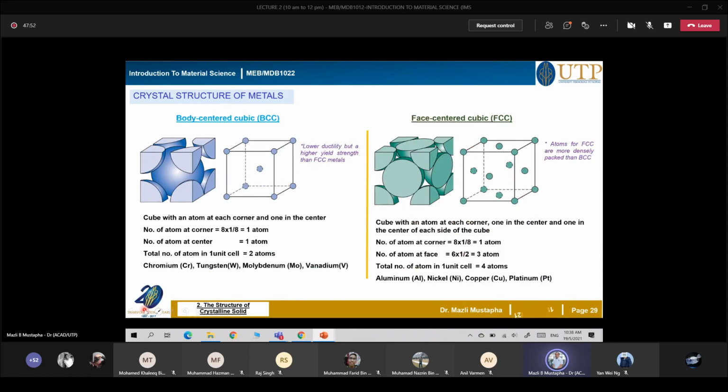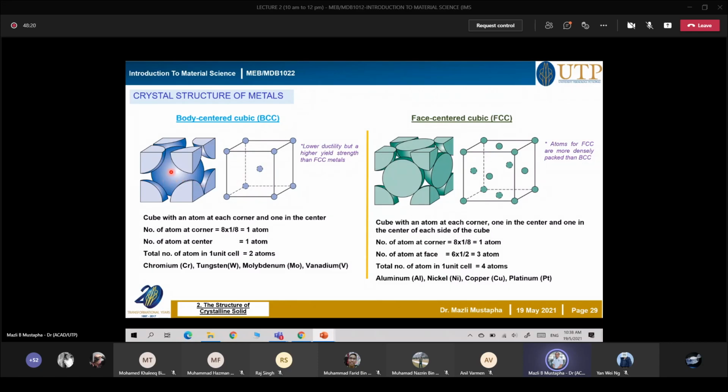So how do we define the atoms? This is the most important part, and later on when we calculate the density, we use this concept. As I mentioned, for the body centered cubic, how many atoms are there in the system? First, we only have one atom in the center. This big one is not shared.